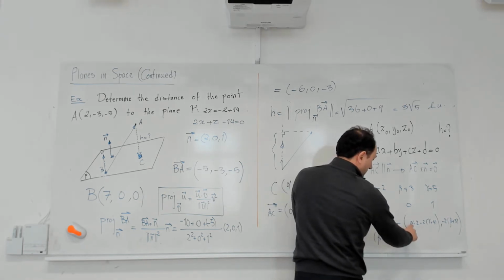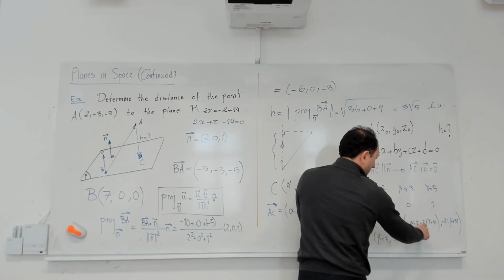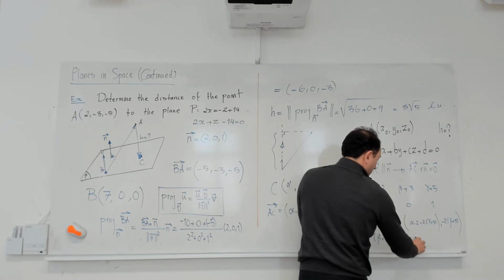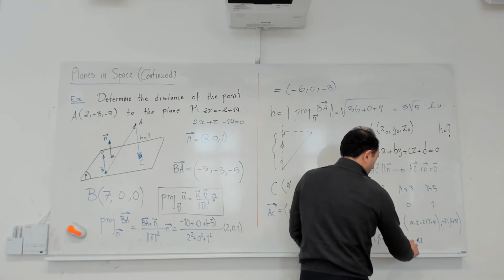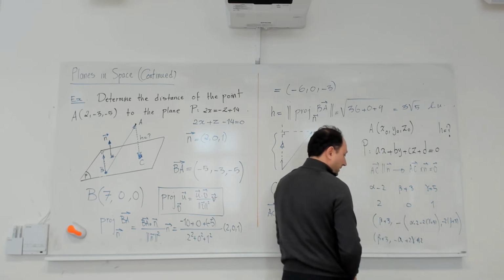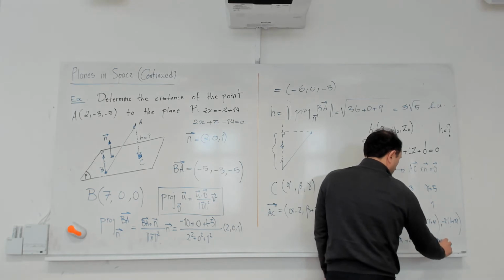What happens? I have alpha multiplied by negative signs, minus alpha. And then I have minus 2, minus 10, minus 12 multiplied by that is positive 12. And then finally I will have minus 2 gamma, which becomes positive 2 gamma. And the other one is minus 2 times beta plus 3.